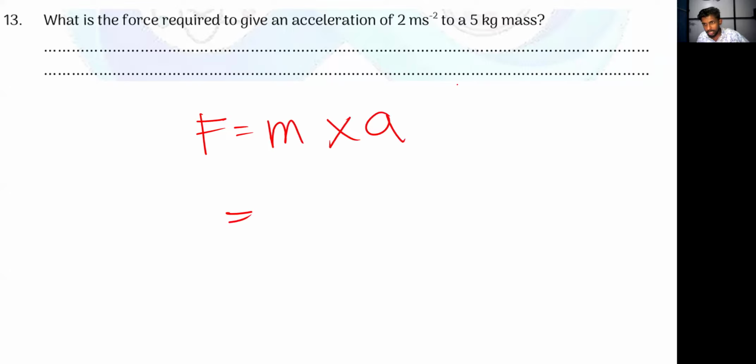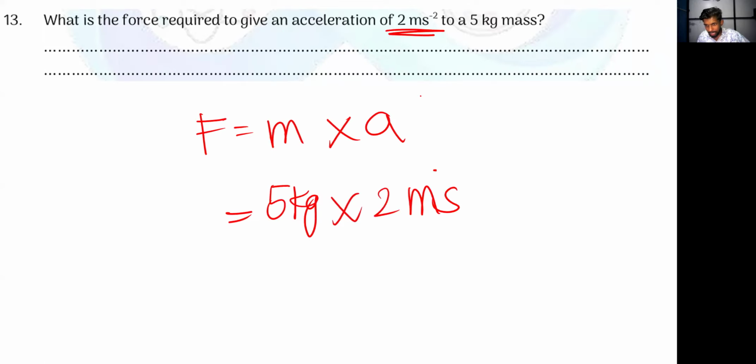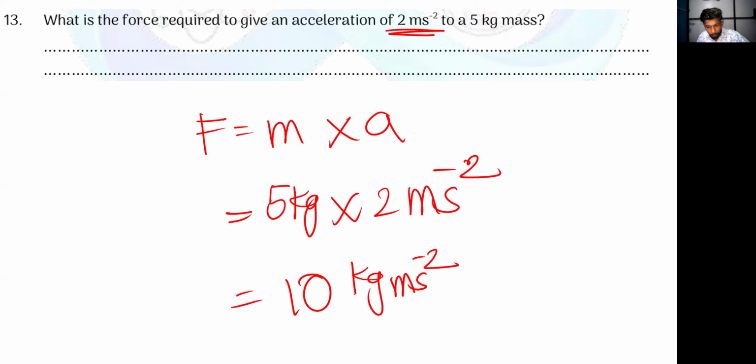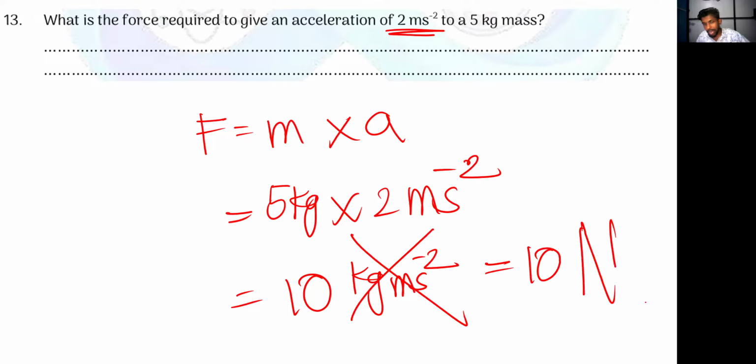You know the mass, that is 5 kilograms, just substitute the values, and the acceleration, that is 2 meter second minus 2. You multiply these two values and get 10 kilogram meter second minus 2, and there's no need to put that; you can directly put 10 Newton.